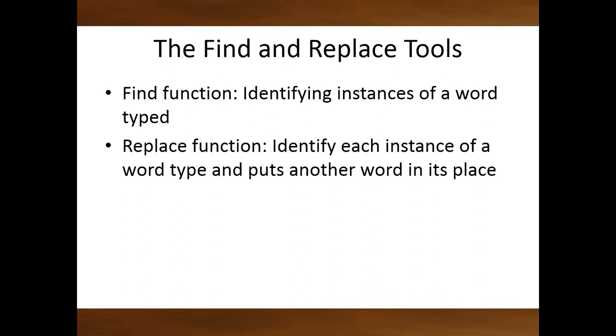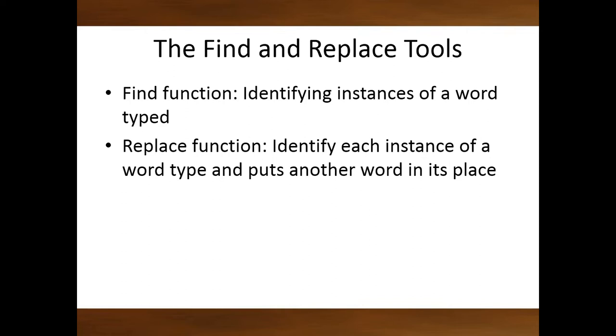So for instance, if I have typed Kofi in paragraph 1, that is an instance. If I type Kofi in paragraph 2, that is an instance. If I type Kofi in paragraph 10, that is an instance.